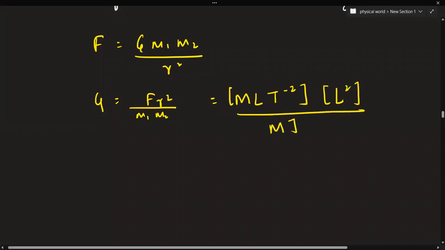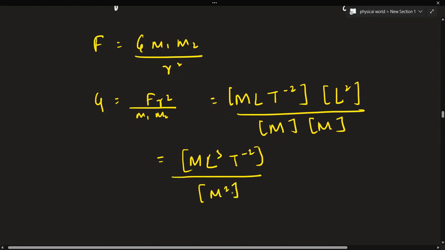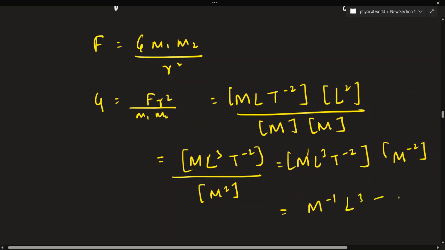One mass is M, other mass is also M. So in the denominator this will be M square, and R square will be L cube when multiplied by L. When this M goes up, this will be M L cube T to the power minus 2, and this will be M to the power minus 2. Now 1 minus 2 gives minus 1. What you have is M to the power minus 1, L cube, T to the power minus 2. This is the dimensional formula of G.